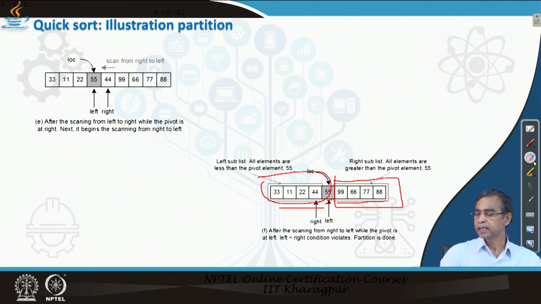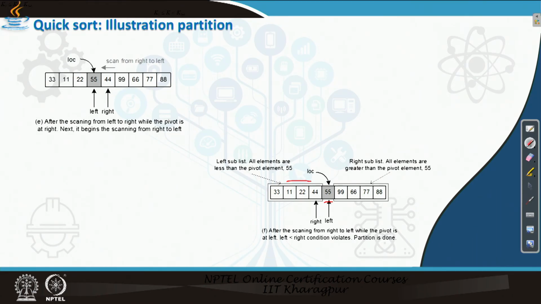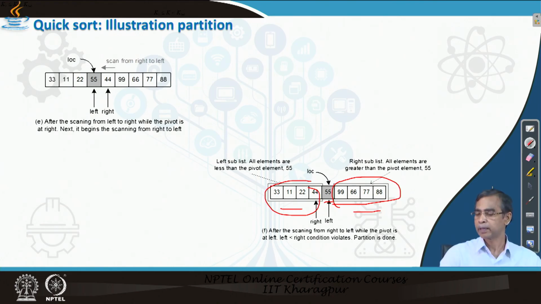This means that this pivot element 55 is placed in its final position, and these are the right sub list and the left sub list. Then we can call the same quicksort method on each sub list, the same procedure again, but the size of the list is reduced to about half. So this is the procedure that we can follow, and this is basically the partition.